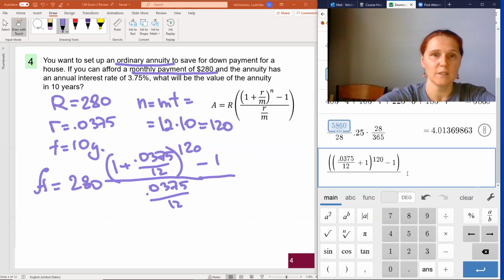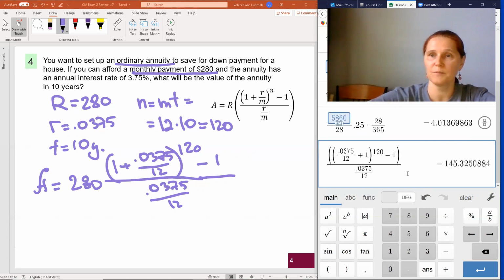This must be divided by 0.0375 divided by 12. So this is the value of this fraction, and we want to multiply it by the regular payment, 280.